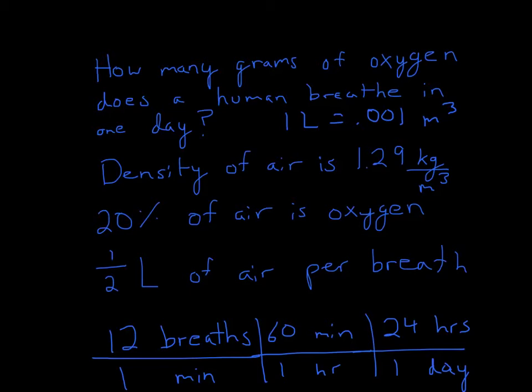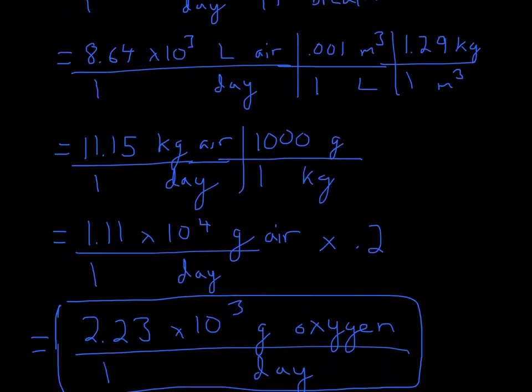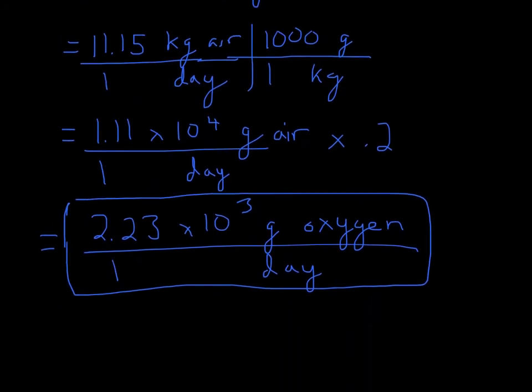So I'm just going to multiply by 20%. When you multiply by a percentage, you can convert it to a decimal by moving 2 places to the left. So I'm multiplying by 0.2, and then you get 2.23 times 10 to the third grams of oxygen per day.